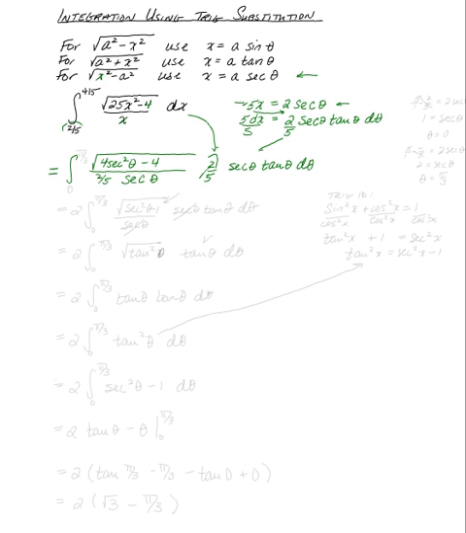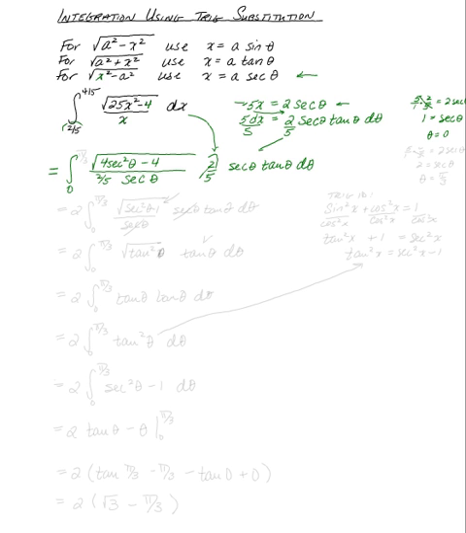So I would have 5 times 2/5 equals 2 secant of theta. Those cross off, divide by 2, and we get 1 is equal to the secant of theta. Now we need to know where secant of theta is equal to 1, and that happens when theta is 0, right on the unit circle. So my new lower bound is 0.